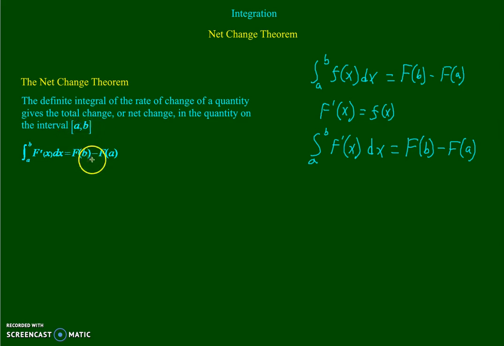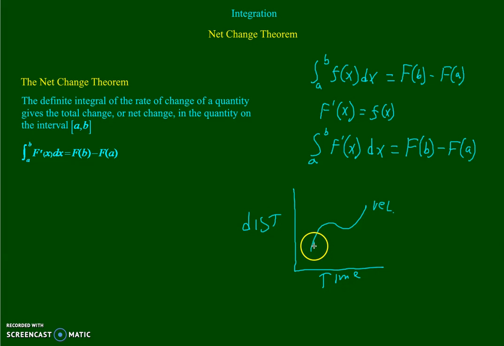So if, for example, we were plotting on an xy coordinate plane distance versus time, this function would be a velocity function because it's a rate of change, distance per unit time.